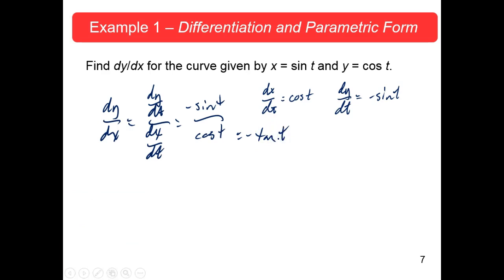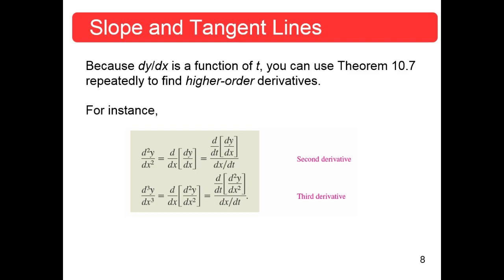Okay. Negative tangent t. All right. Let's clear my scratch out of the way and see what they get. dy/dx is dy/dt over dx/dt, so dx/dt is minus sine t, and dy/dt is that, so that's minus tangent t. Yep, right there. Okay, did anyone need that up a little longer?